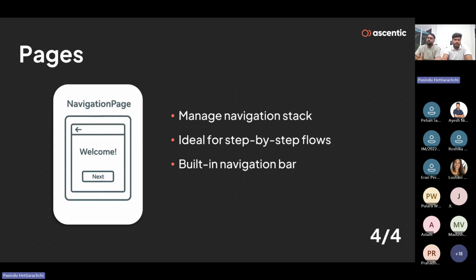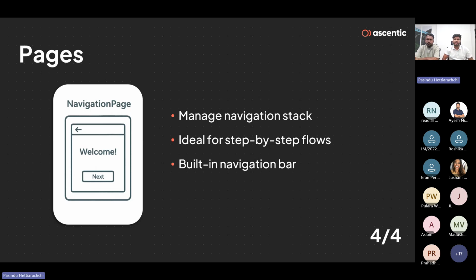Now next we have a navigation page. Let's say you have content pages, and you need to navigate through those content pages back and forth, then you can wrap the content pages in a navigation page.